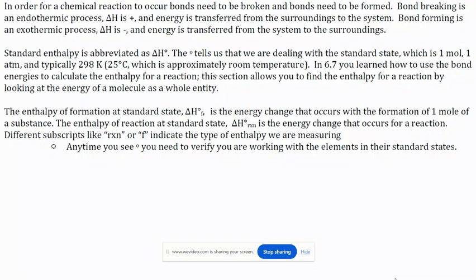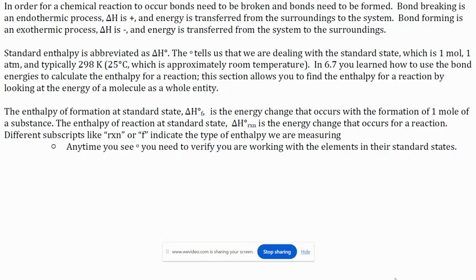Okay. So, when you see this little degree sign associated with these terms, that means that it's a standard state. And a standard state is that we're at 25 degrees Celsius. The room temperature in here is about 25 degrees Celsius.